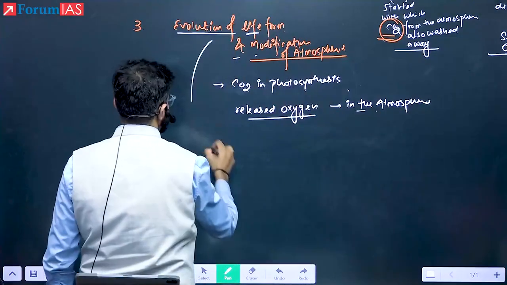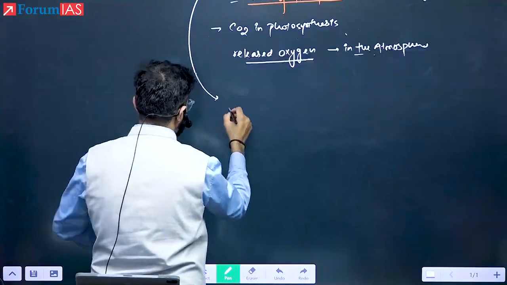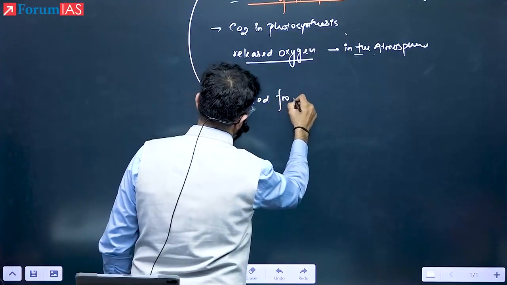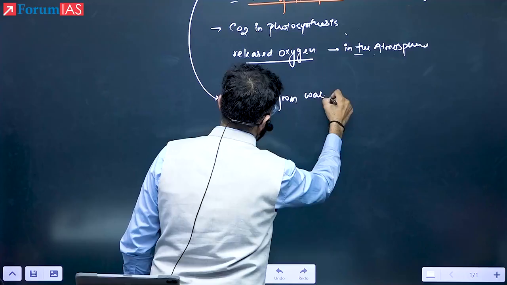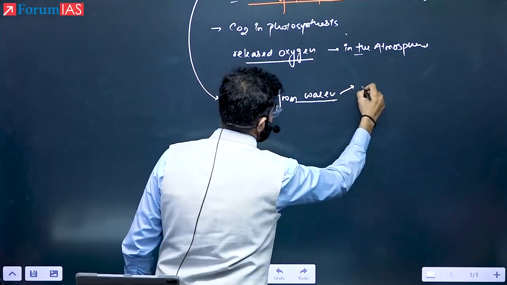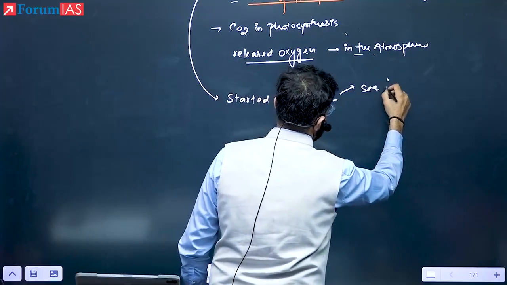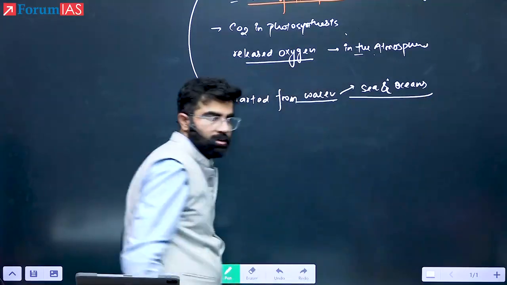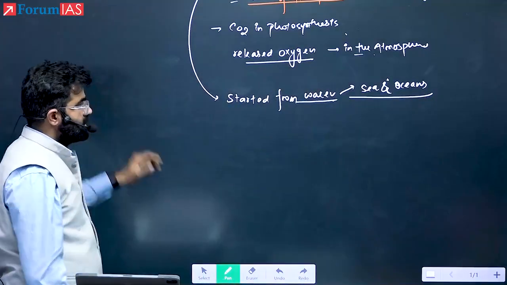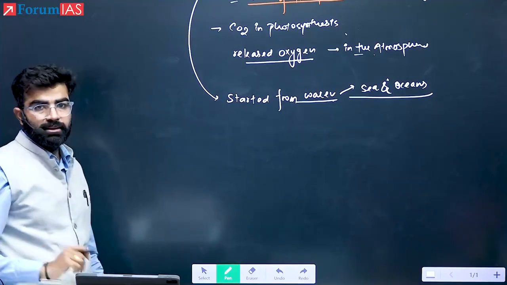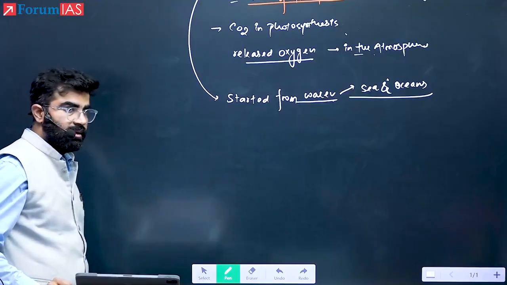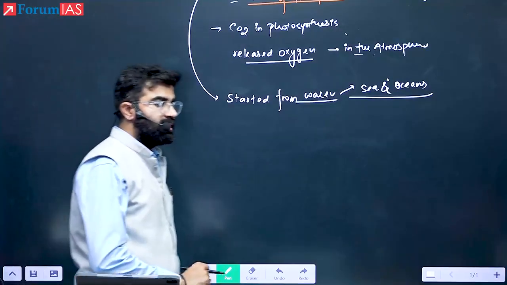Remember one thing, this evolution of life started from liquid, started from water. That is, can I say, from seas and oceans? Okay. The last question, how this life form originated on the earth, we have just discussed. So please write down the evolution of the life form.